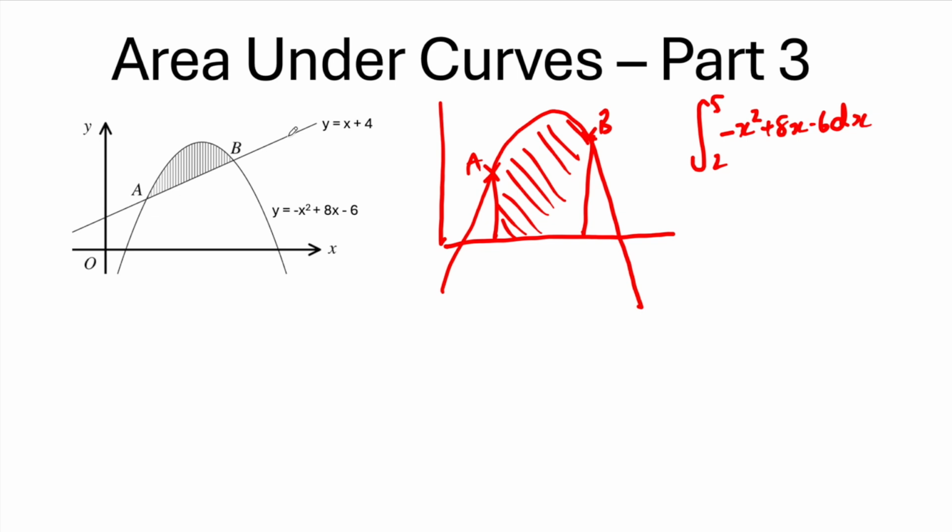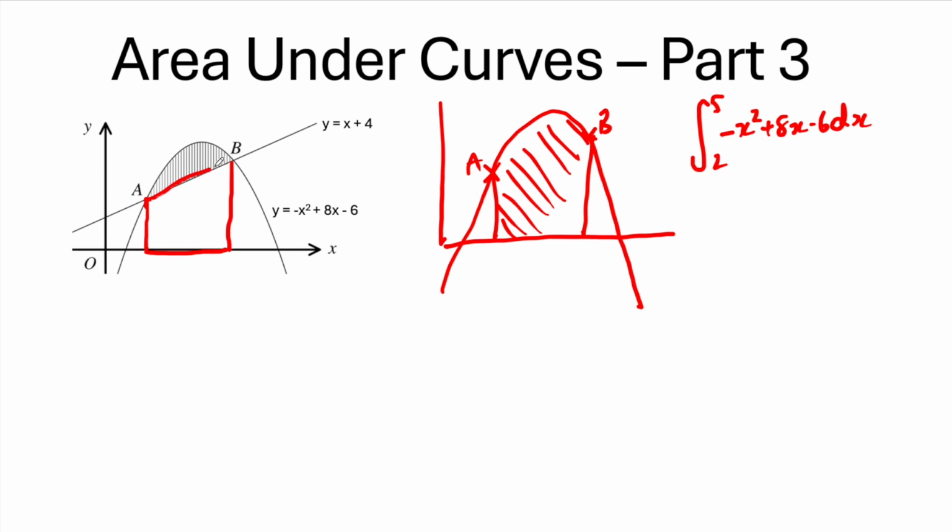The next thing that you're going to have to do is work out how the additional boundaries, so it might be a line, it might be another curve, are cutting off the area that you've got here into something smaller like here. And what shape does that leave behind? In this case, it left a trapezium.